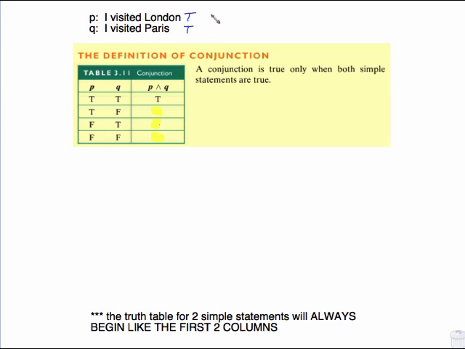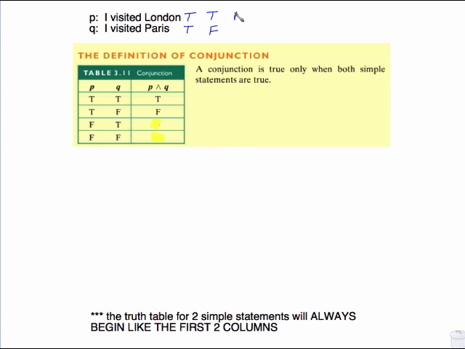Another possibility is that your buddy's telling the truth about going to London, but he lied about the Paris part of the trip. So that's true, false. If he puts those two things together, that is a false conjunction, because for an and statement to be true, both parts must be true.